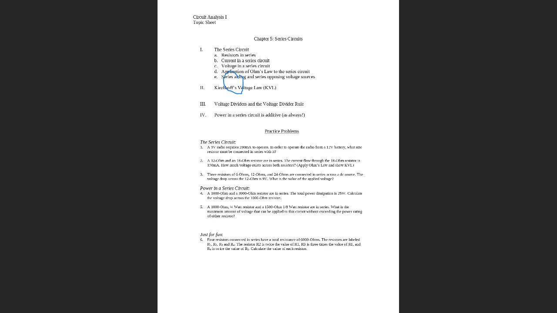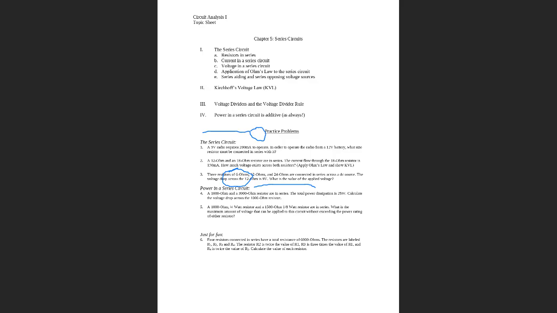So it looks like all we've got to do to finish up this topic sheet is talk about what series aiding and series opposing sources are, and then talk about voltage dividers and the voltage divider rule. We kind of already talked about voltage dividers. I showed you one of those, but I'll remind you. Now we actually have another topic sheet. We have this one, and then we have a special topic sheet on batteries.